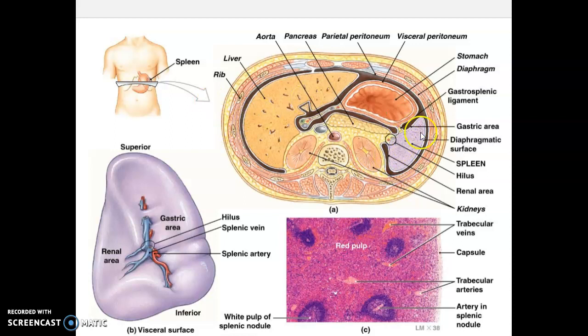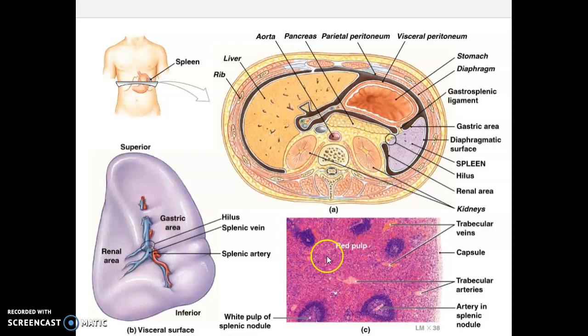Okay, so here's our spleen, which is found on the left side of our trunk. The spleen is actually made up of reticular tissue and these nodules, and has what's called red pulp and white pulp.